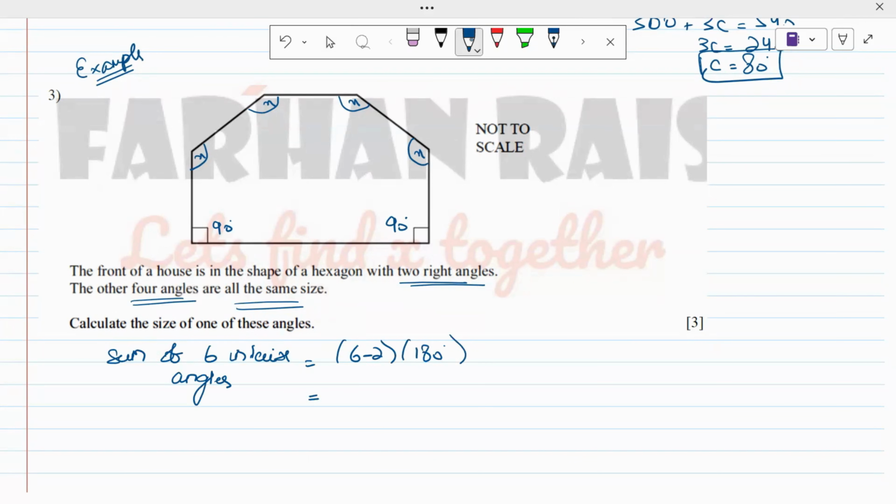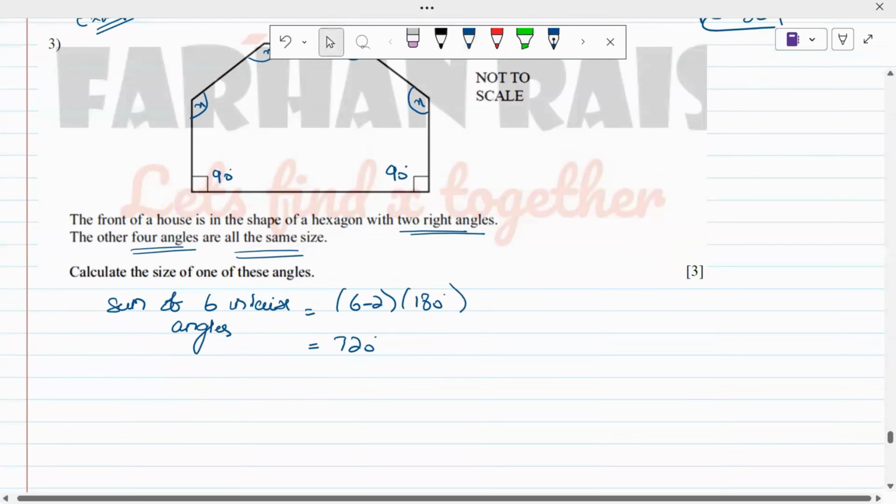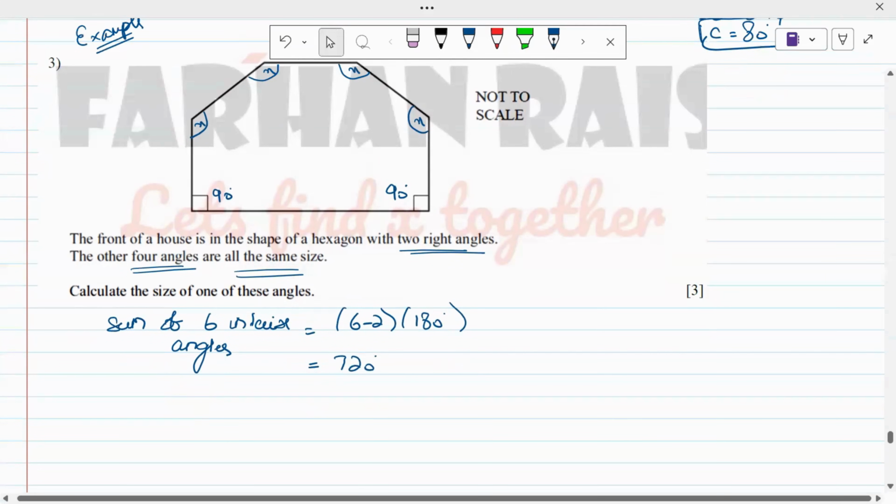And that gives us 4 into 180, that's 720 degrees. So we get the sum of six interior angles as 720. And this will help us in making the equation to find the required angle x.